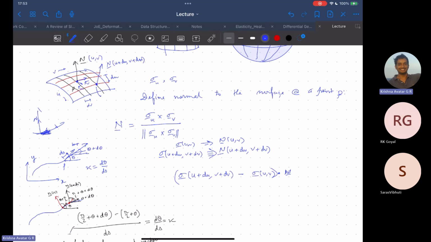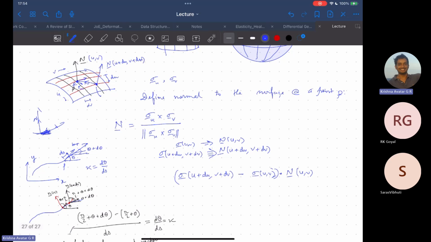So you take this point and look at the dot product with the n vector, which you choose at the point (u, v). This gives us an idea of how much the surface is turning in the neighborhood of this point p.